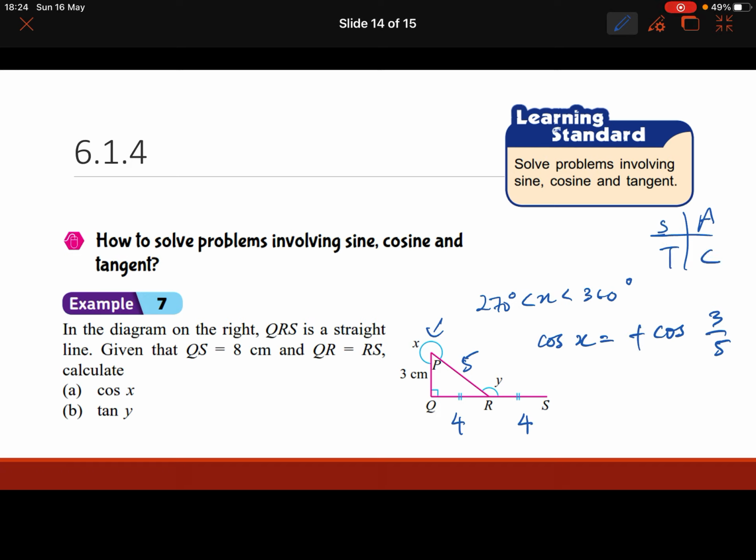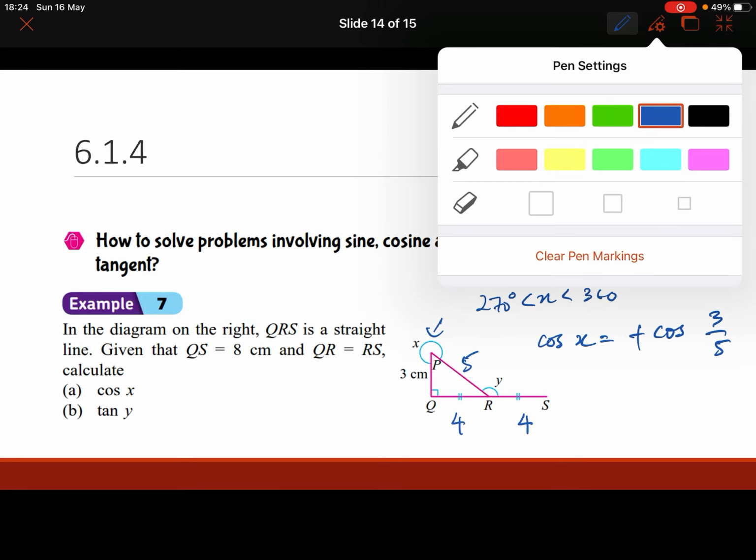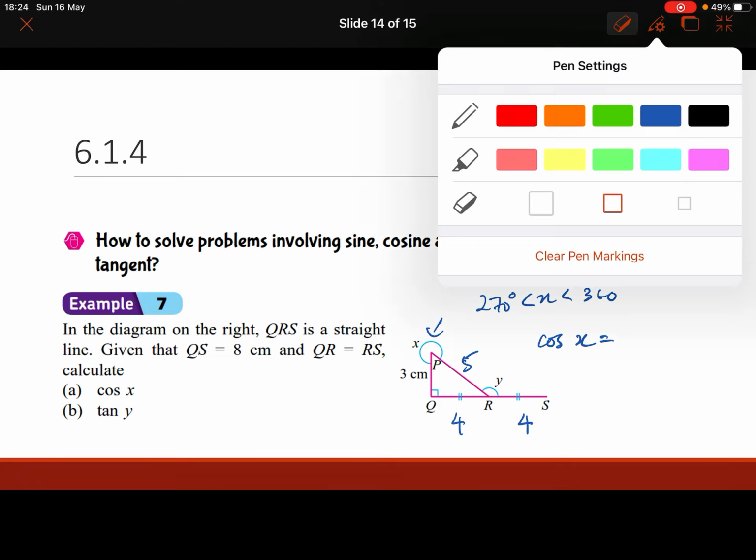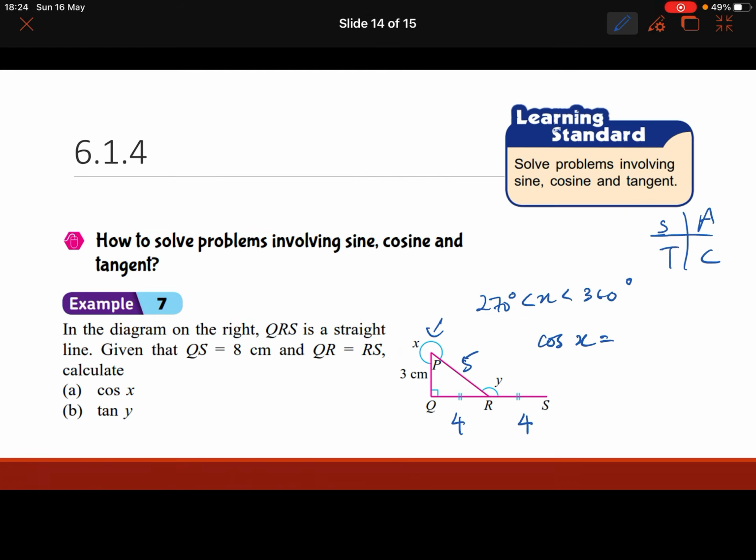So positive cos 3 over 5. Okay, cos X equals positive cos of angle PQR. So angle PQR, the cos is 3/5.